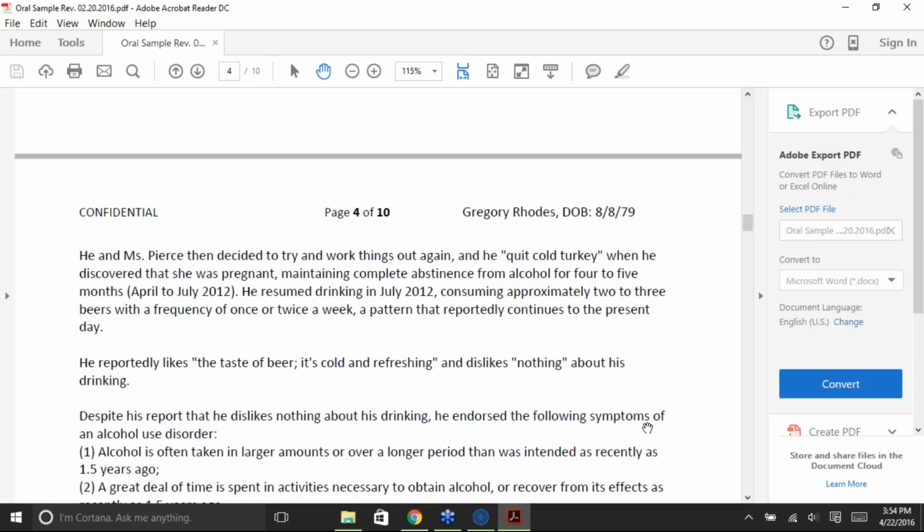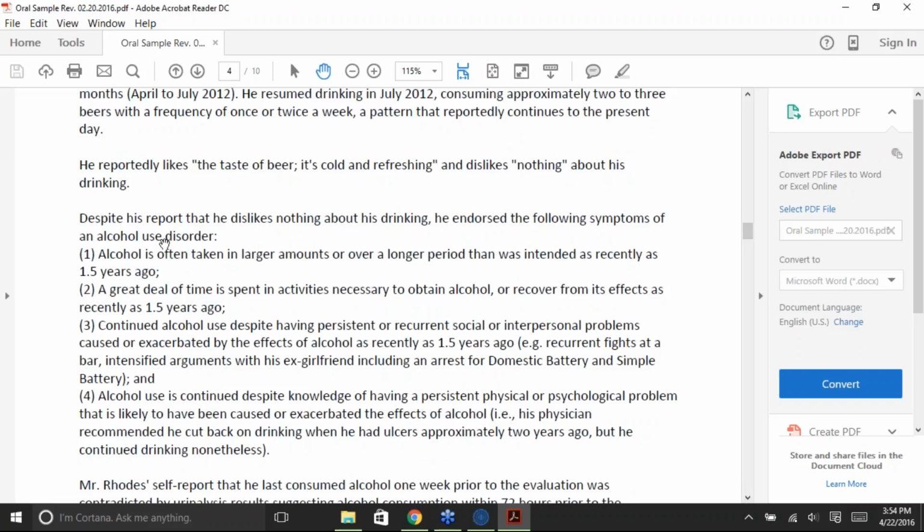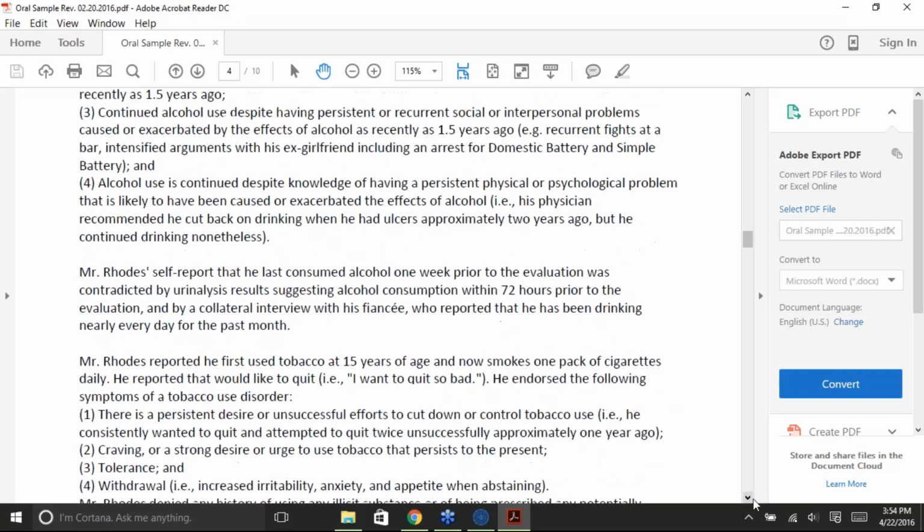Okay, so then I go into, look, he actually endorsed these 4 DSM symptoms of an alcohol use disorder during the clinical interview. Now I add a note here that in this case I think is pretty relevant.